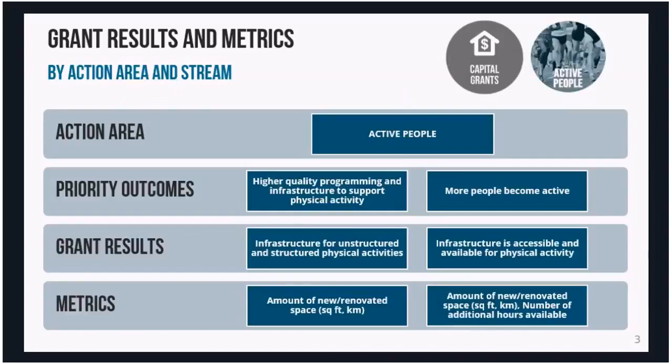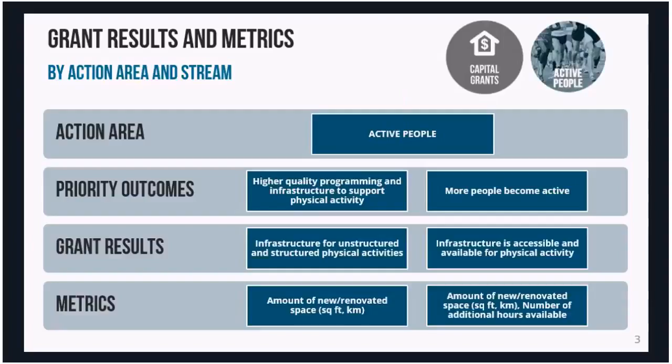So now let's take a look at the 6 action areas, starting off with active people. For the first grant result, our investment priorities are improved infrastructure for both unstructured and structured activity.